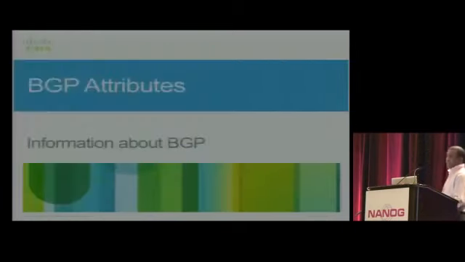So the next section is BGP attributes. When you say BGP attributes, it means attributes of a route. There are different attributes that are advertised along with a BGP route. Not all of them are required.